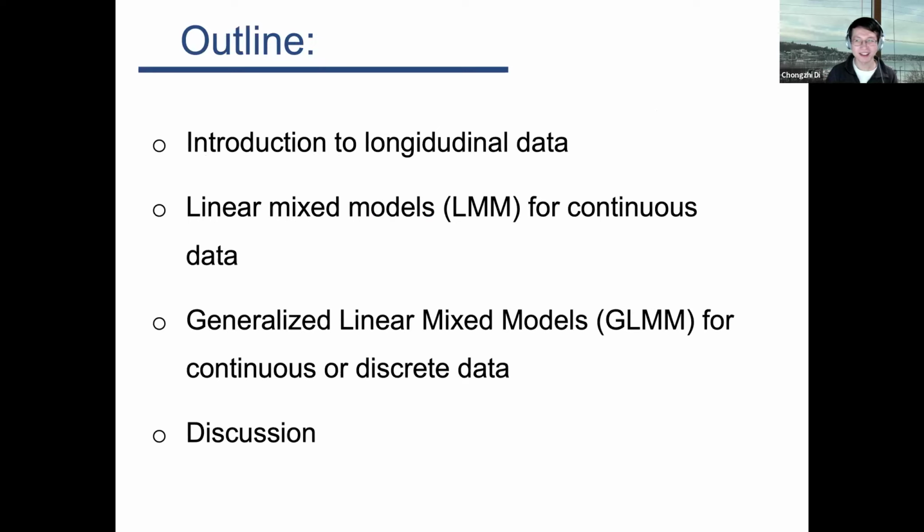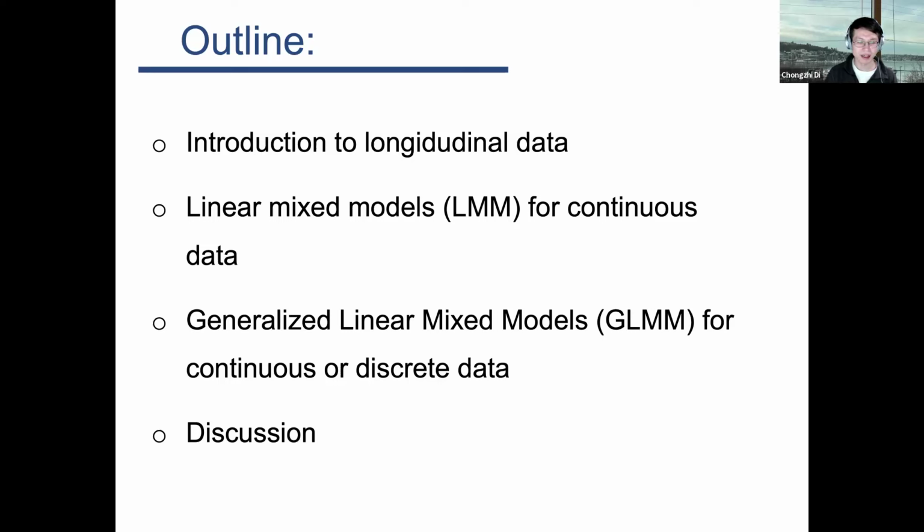So here's the outline. At the beginning, I'll give a brief introduction about longitudinal data and the features of longitudinal data that we must take into consideration when constructing statistical models. The second part will focus on continuous data, in particular linear mixed effects models, or LMM.